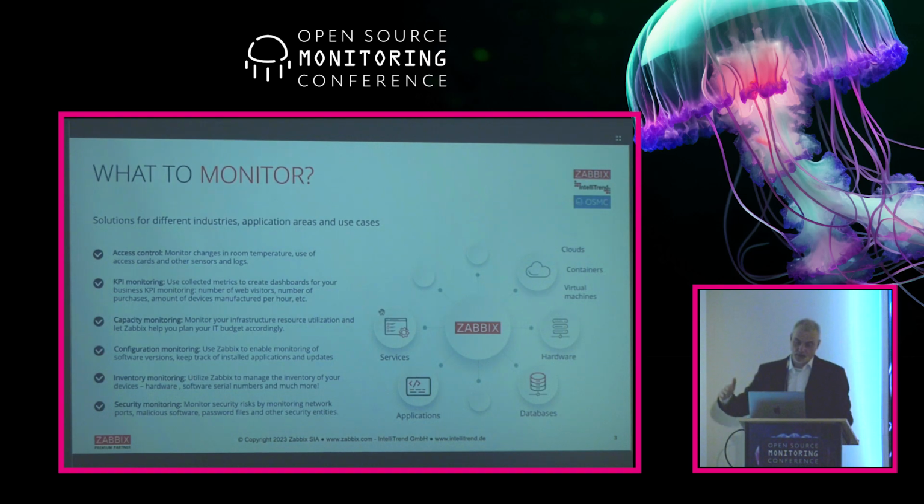So they do not do the entire monitoring of those web shops, but they're using the important KPIs and present them in Zabbix to the user base. Yeah, capacity monitoring, a good example would be virtual infrastructure, VMware, for example, and configuration monitoring, inventory monitoring, and these days, especially important, security monitoring. So you can use Zabbix in all these areas, but you can use other software as well.